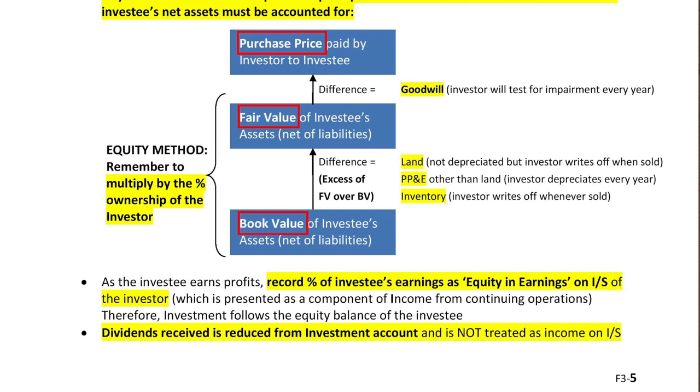As and when the investee earns profits, the investor recognizes income. But when the investee pays out dividends, which are received by the investor, they are not treated as income by the investor. Instead, they are reduced from the investment account. And to understand all these better, let's look at the example on the next page.